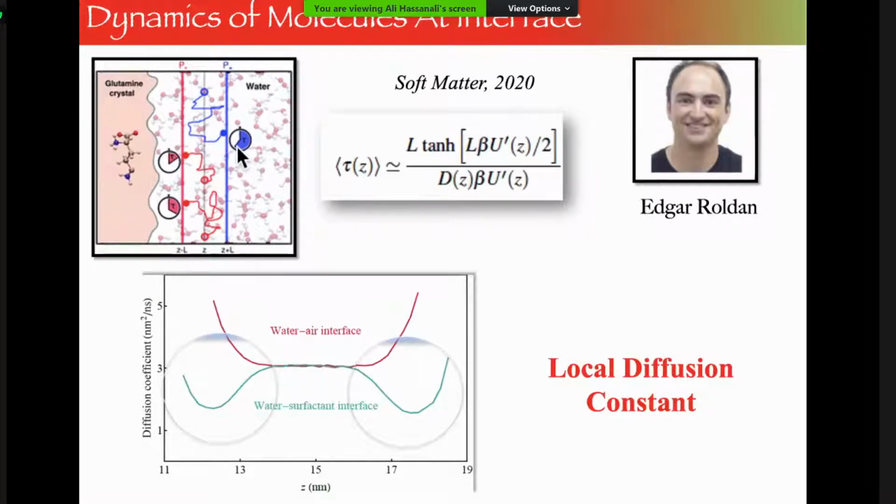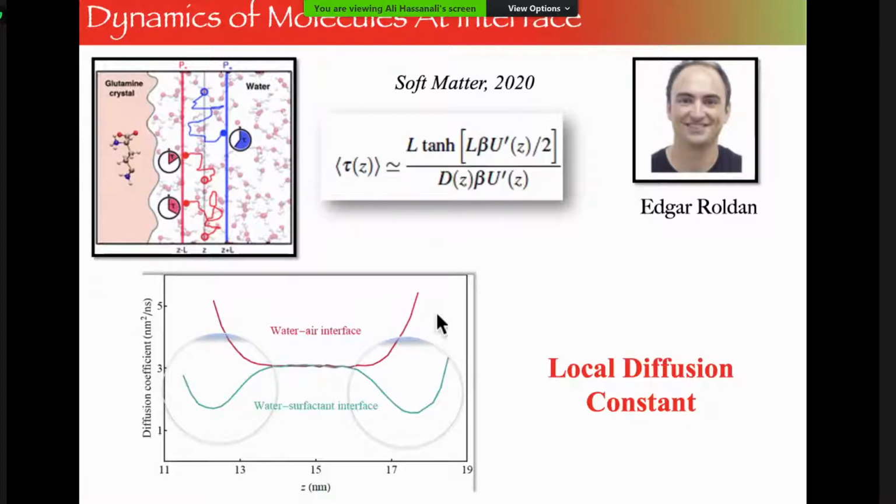This is known as a first passage time problem. Essentially, what you can do with this type of clock is measure how long it takes for a particle to cross a particular boundary, and you can use the statistics of these times to infer the local diffusion constant of a water molecule or a particle.